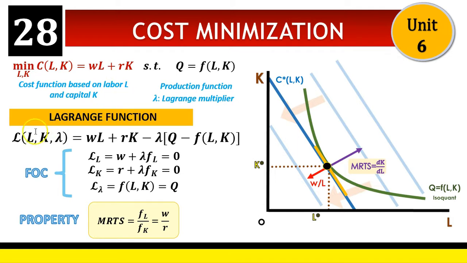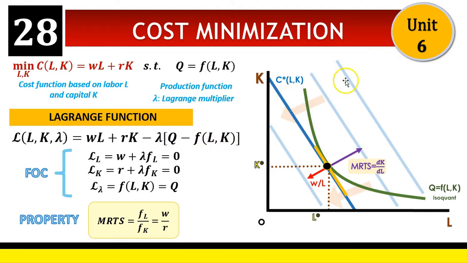As in the previous cases, the Lagrange function is simply the cost function, which is the function that we want to optimize, minus the lambda times Q, because it's a number, this is a constant, which is the target of production, minus the production function itself.